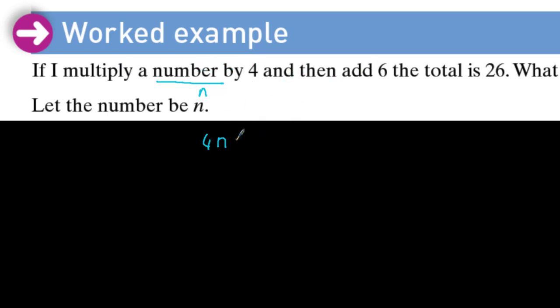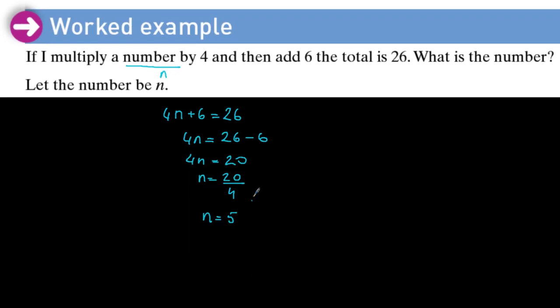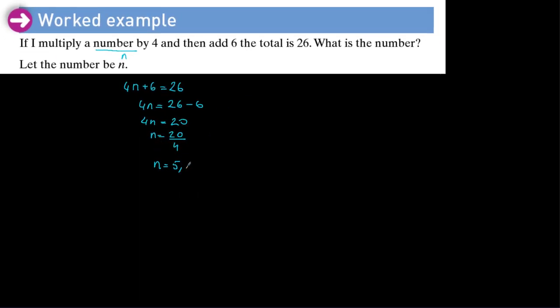Then add 6, and the total is equal to 26. So this is the equation, and the classical equation solution: 26 minus 6, 4n is equal to 20, n is equal to 20 over 4, which is equal to 5. What is the number? It is equal to 5. And this is the last question of our lesson.